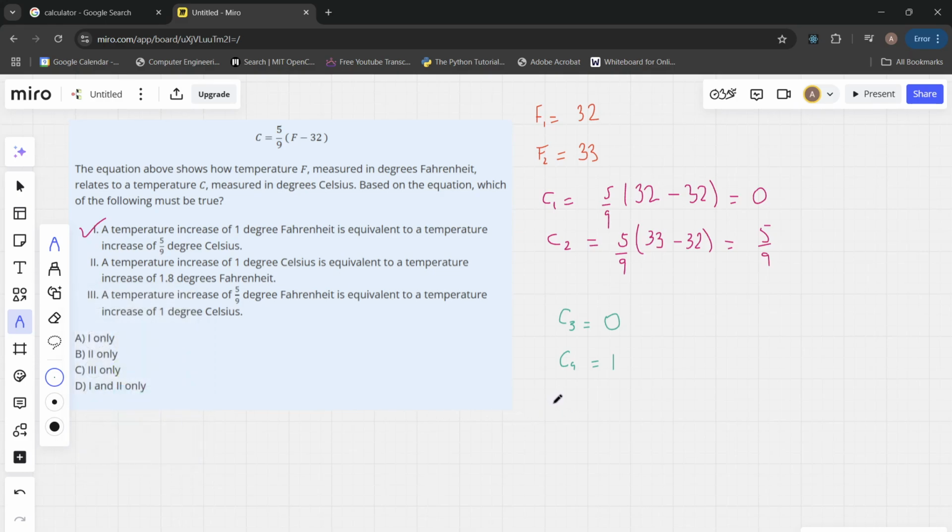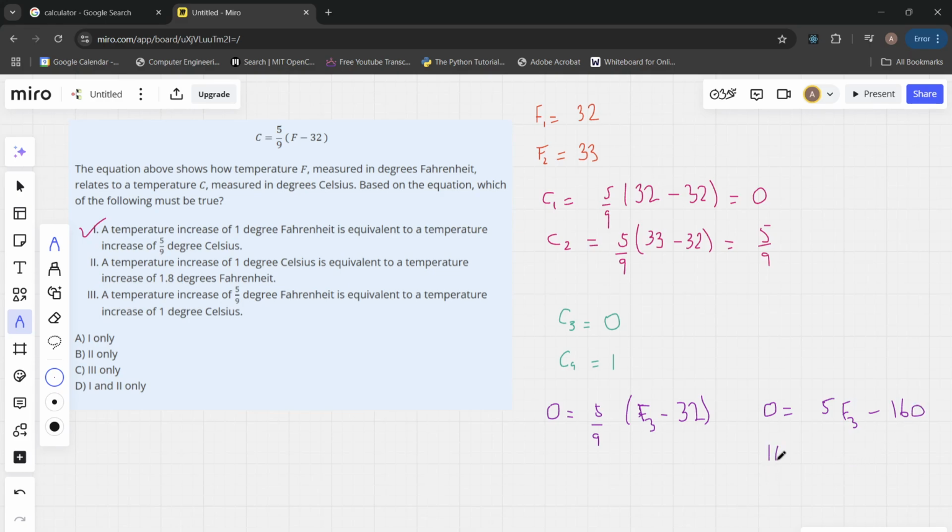So this is going to be 0 equals 5 over 9 times F3 minus 32, which is the same as 0 equals 5 F3 minus 160, since 32 times 5 is 160.